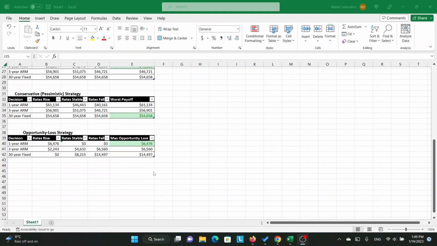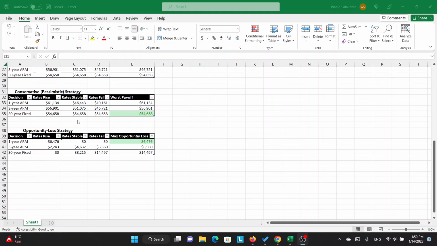Now, if you're looking at the opportunity loss strategy, in this case we are going to see what is the maximum amount we will pay for each decision. For example, if the rates rise, the minimum is going to be the 30-year fixed term. That's the minimum we're going to pay if the rates rise, and the maximum is going to be the 1-year adjusted rate mortgage.